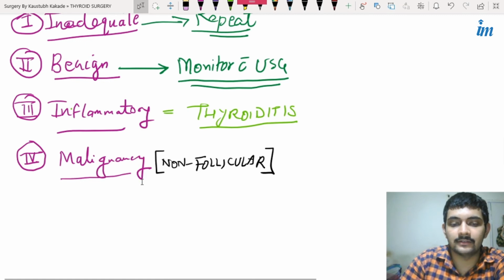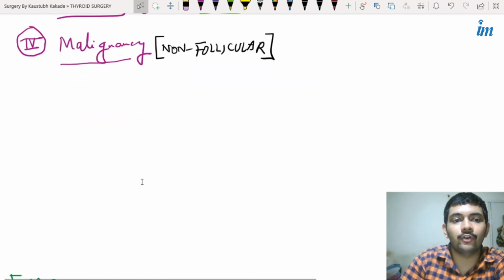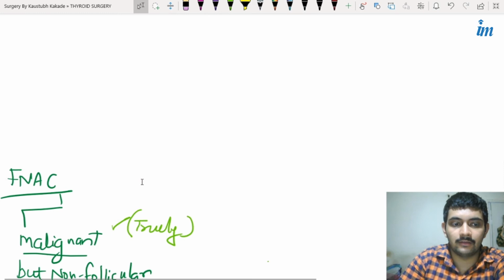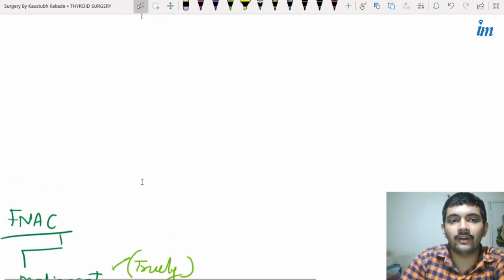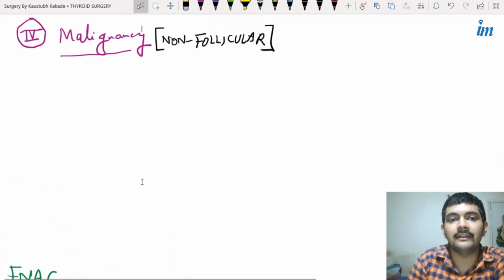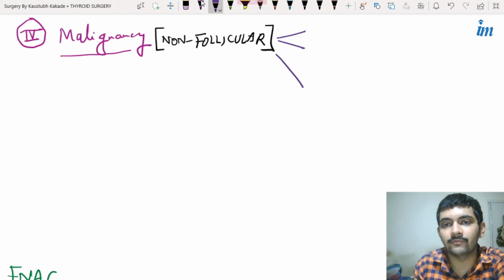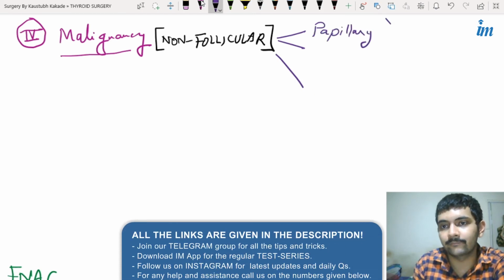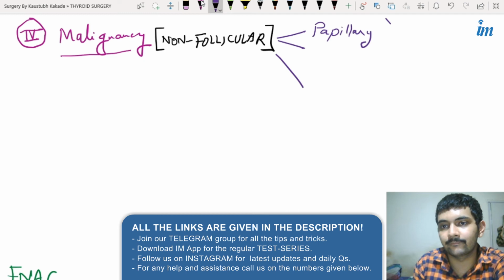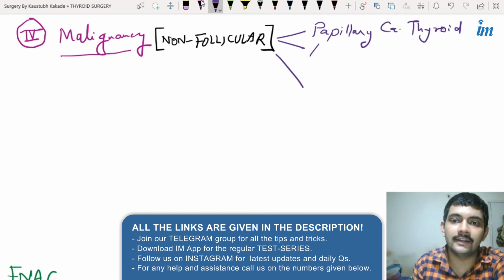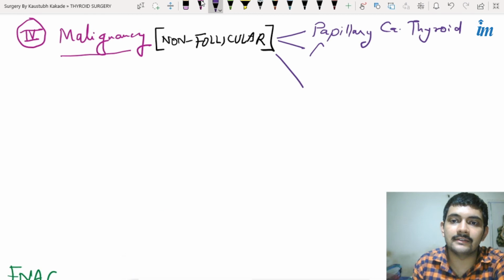Under malignancy, what types are you going to have? You are going to have three types. One is the most common one, papillary carcinoma of thyroid, the second is anaplastic carcinoma, and the third is medullary carcinoma.